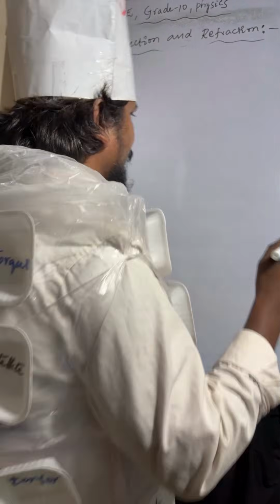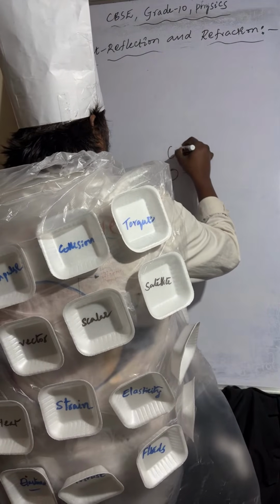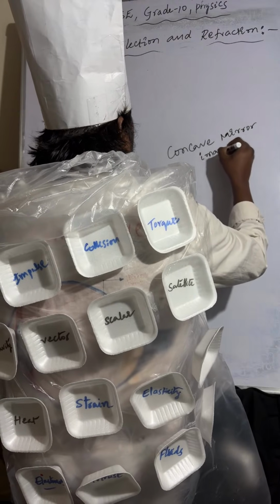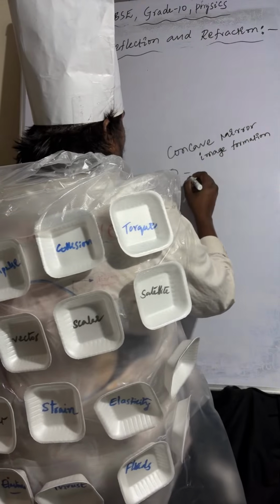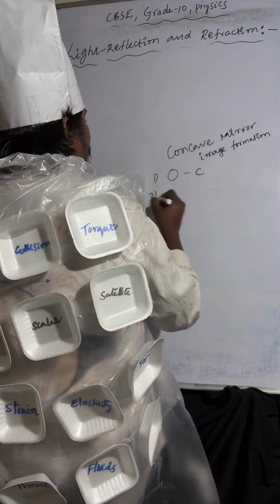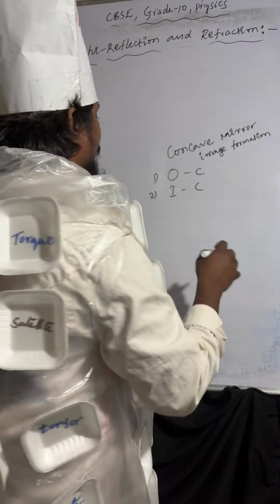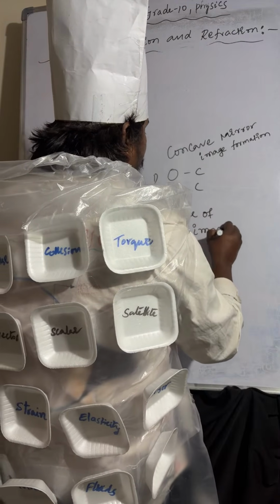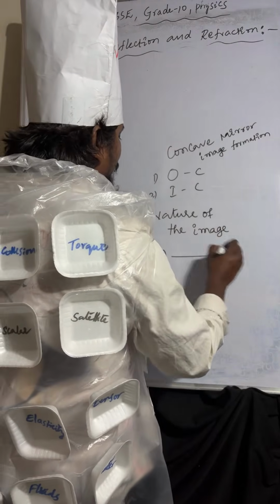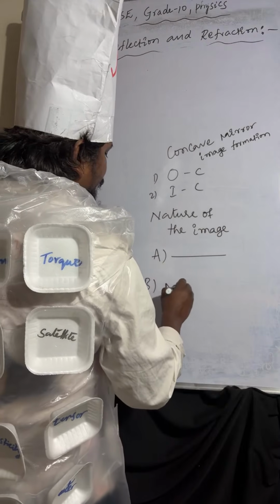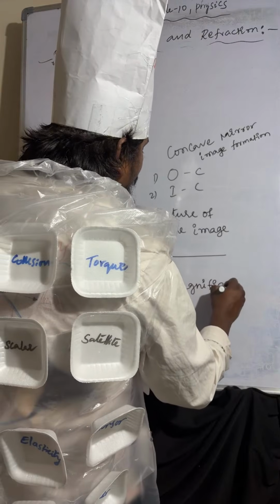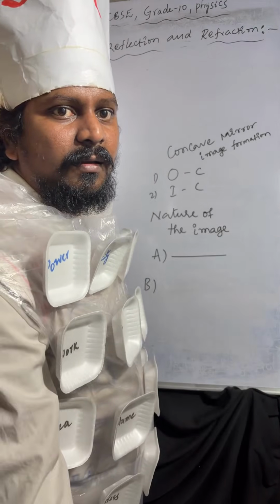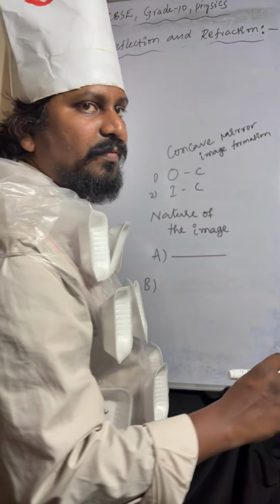In concave mirror image formation, the object is placed at C. The image is formed at C. So what is the nature of the image and the magnification? Option A is the nature of the image, and option B is magnification.